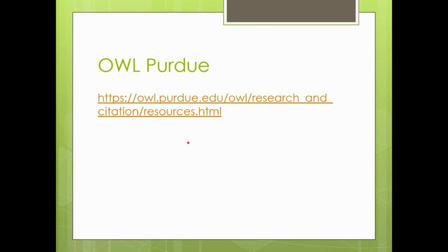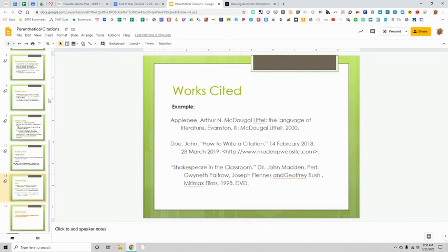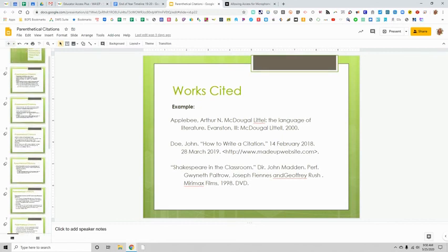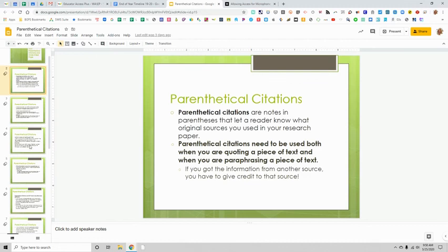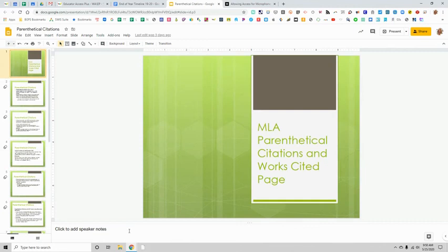So you can refer back to any of these slides at any time. If you don't need to hear this whole video again and you just want to look at the Works Cited example, or how to do a parenthetical citation without mentioning the author's name in your essay, then you can look at whichever source you are wanting.